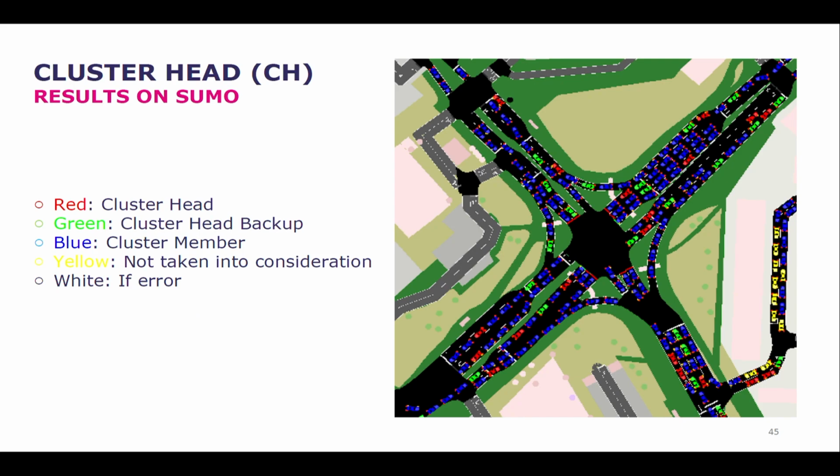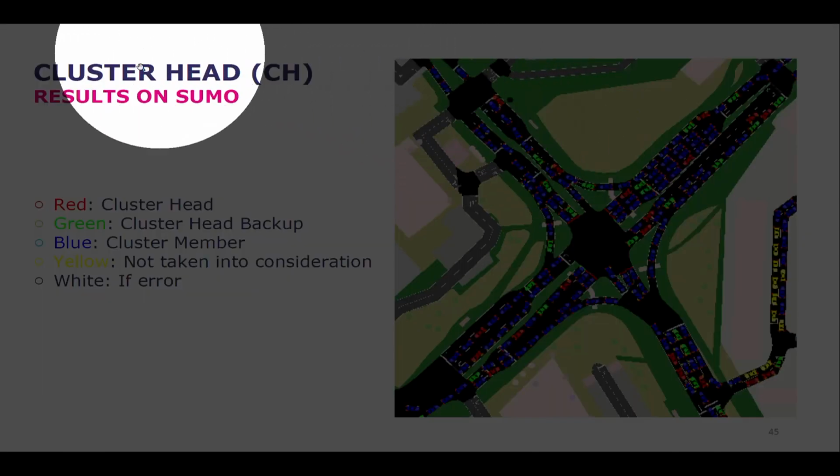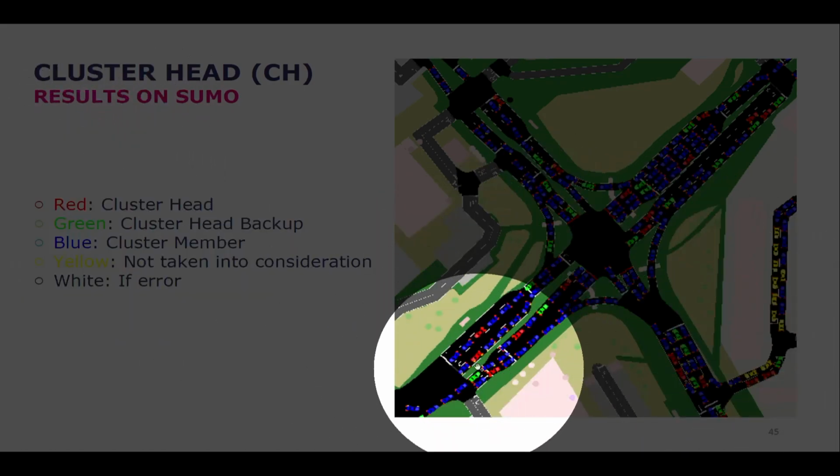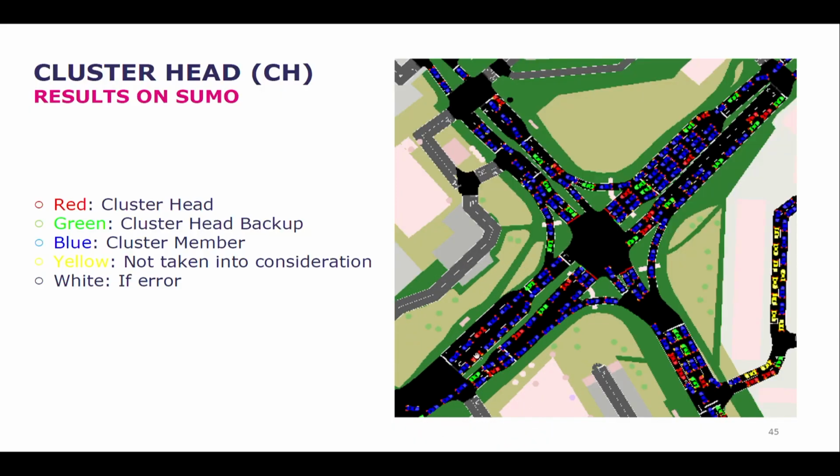So this is the outcome of our simulation. The red ones are the cluster heads. Whenever we are on the road, we are able to have the cluster head, which is unfortunately not the case if you rely on the roadside units to compute the cluster head, since you would only have it when you are in range of the roadside units.